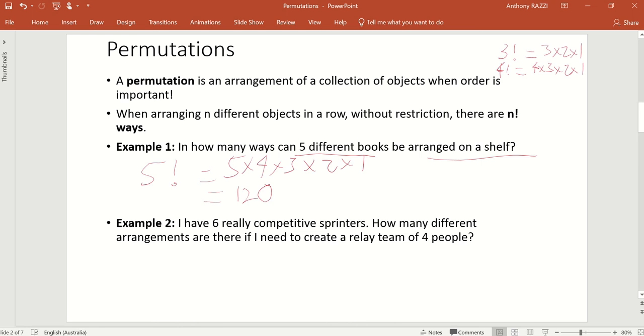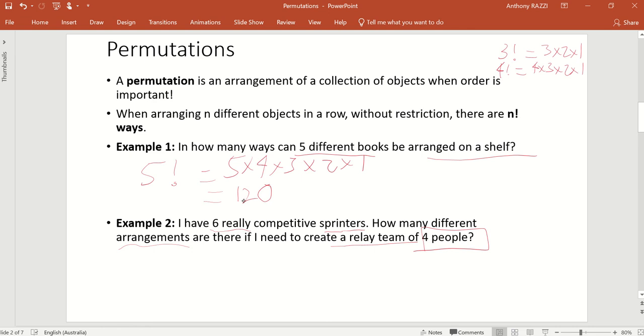Now, in our second example, we have 6 really competitive sprinters, all very similar times. How many different arrangements or permutations are there if I need to create a relay team of 4 people? Often when doing permutations or arrangements, I like to think of it using this method here.